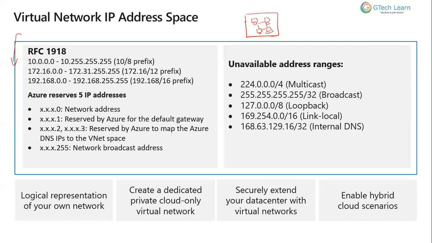Whenever we are creating a VNet, it's recommended that we use the IP address ranges enumerated in the RFC, because when we are creating a virtual network, a few IP addresses are reserved by Microsoft Azure.